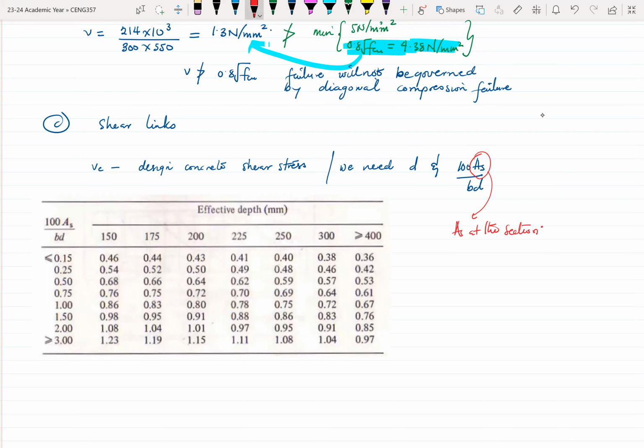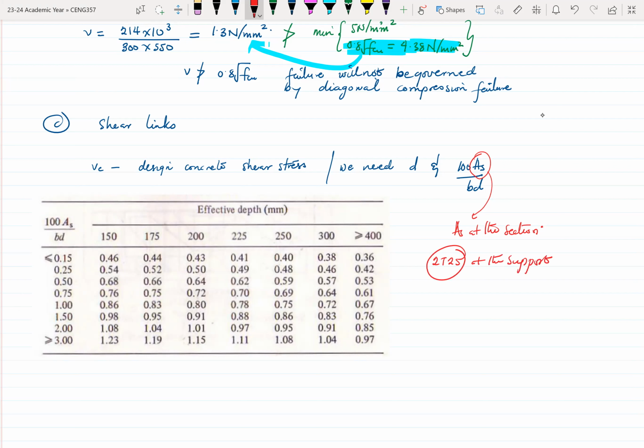Remember I mentioned that as we're going towards the support, we reduce the number of rebars going towards the support. So we're assuming that at that point, our rebars are no longer 4, but actually 2. So we have 2T25 at the supports.